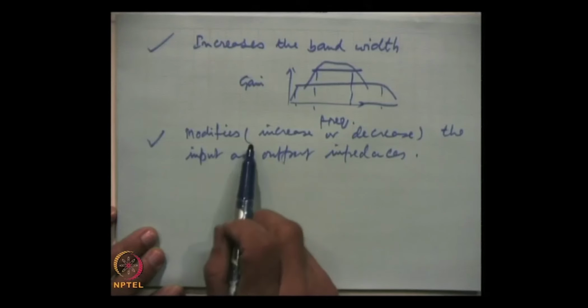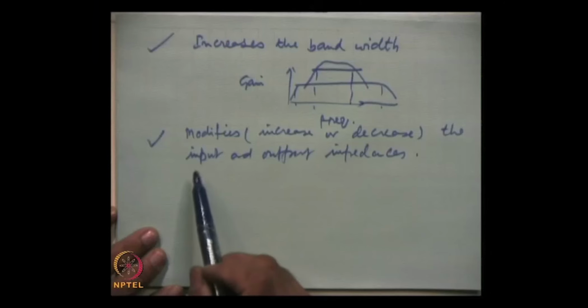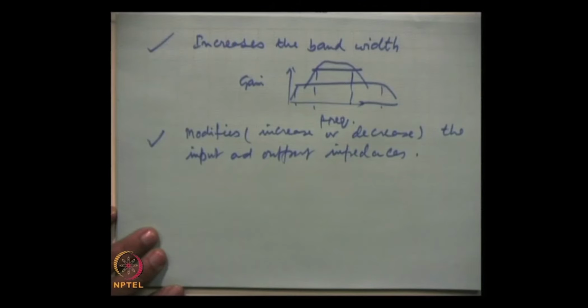Now, how is it that negative feedback may increase or decrease, for example, the input impedance? Yes, because negative feedbacks are also of several kinds. We will see that these are 4 kinds. So, we can choose the proper configuration out of the 4 possible configurations for negative feedback, and that will decide whether the input and output impedances will increase or decrease or so on. So, these are the major modifications which negative feedback brings to the amplifier.